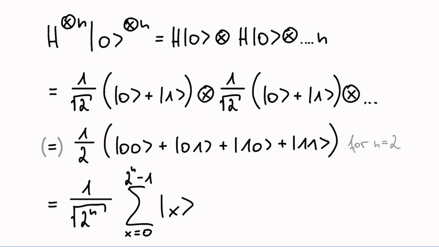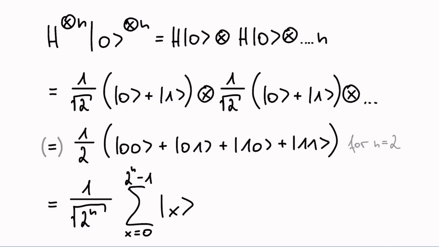The state of the input qubits is 1 divided by the square root of 2 to the power of n times the sum over x from x equals 0 to 2 to the power of n minus 1 of the state |x⟩. So let's look at a concrete example.